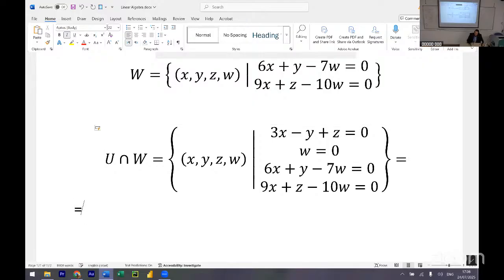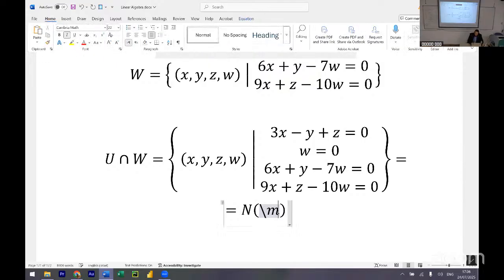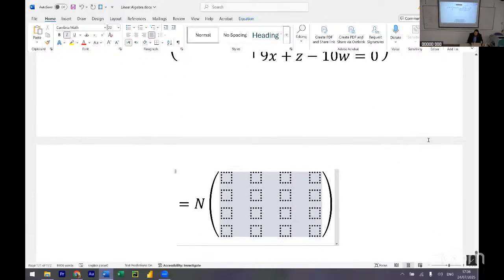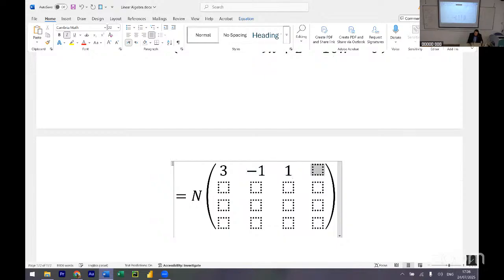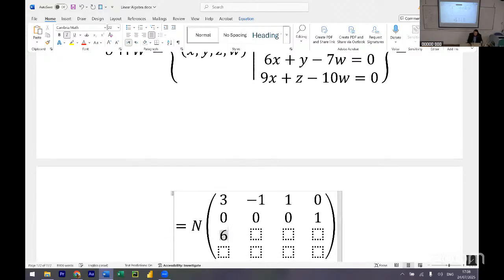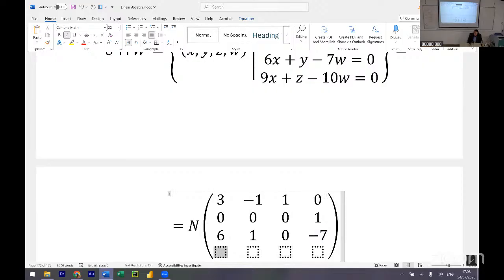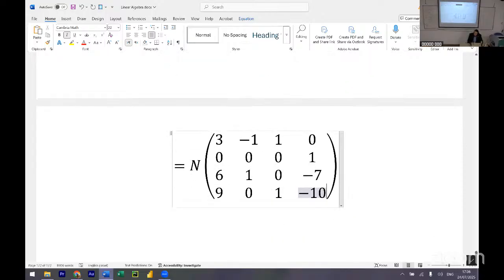That's the null space of a 4x4 matrix, which is 3, minus 1, 1, 0; 0, 0, 0, 1; then 6, 1, 0, minus 7; 9, 0, 1, minus 10. Let's solve it.